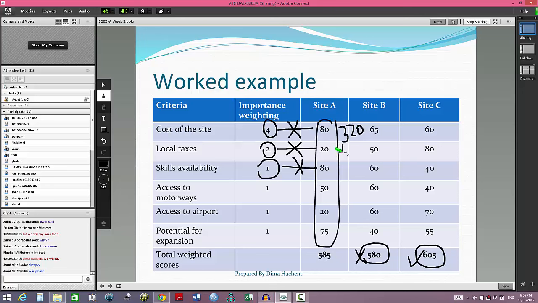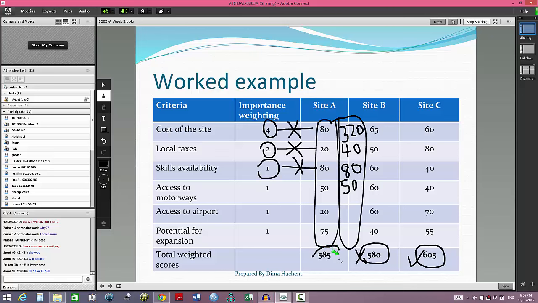And here 2 by 20 is 40, and 1 by 80 is 80, 1 by 50 is 50, and so on. Then you add those numbers together, and you make the total for this site. You will find 585.